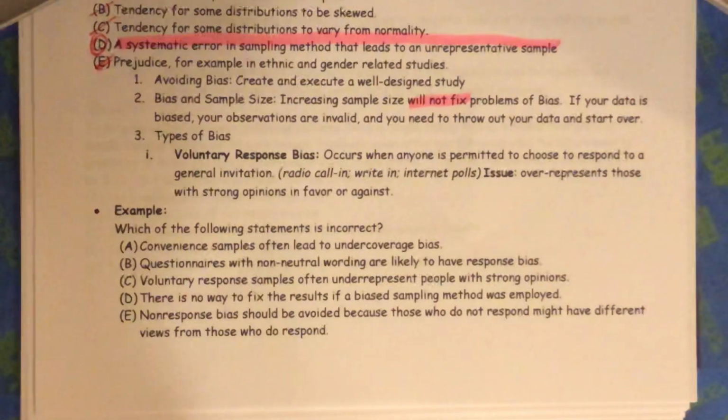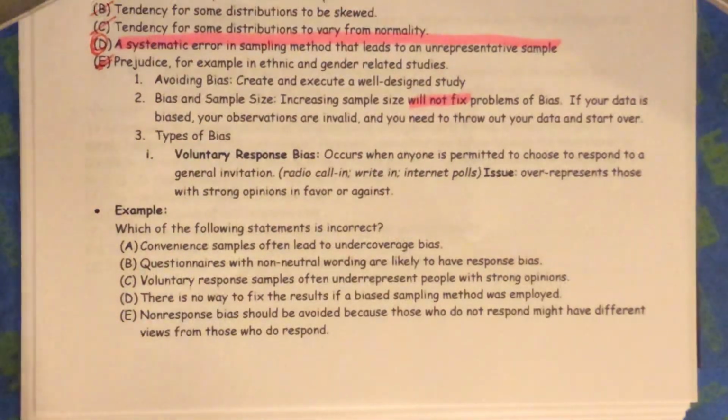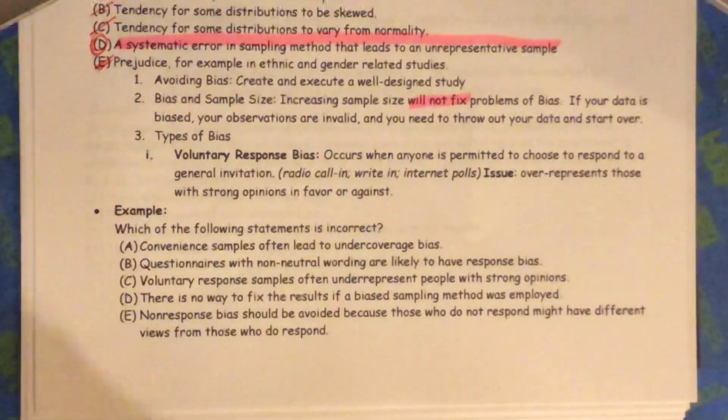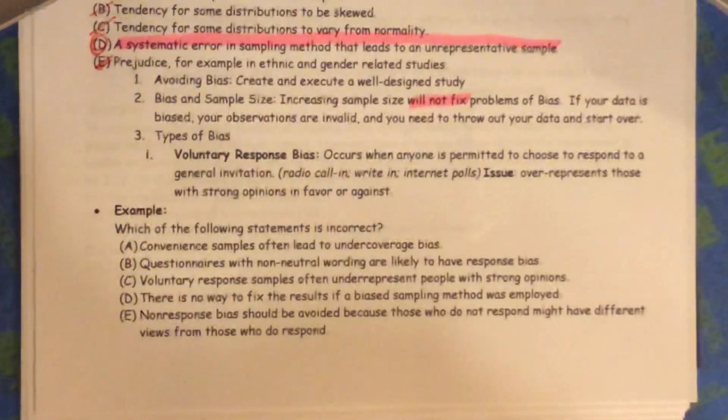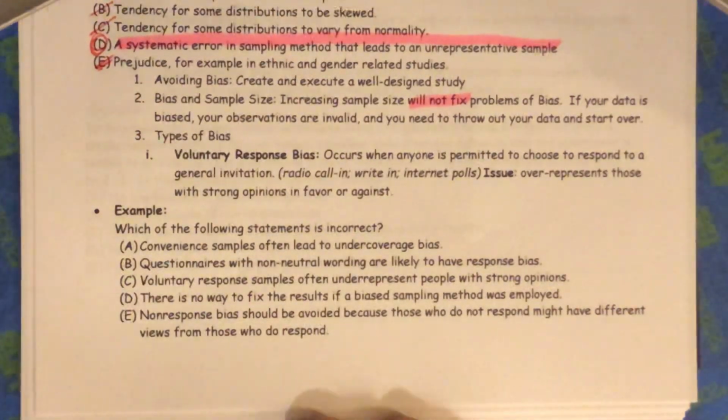They're either extremely in favor or extremely opposed. All the people that are more in the center, who are meh and are not as in tune to the topic, don't tend to vote on those things. It's only those who have extreme opinions, so it over-represents those with strong opinions in favor or against.